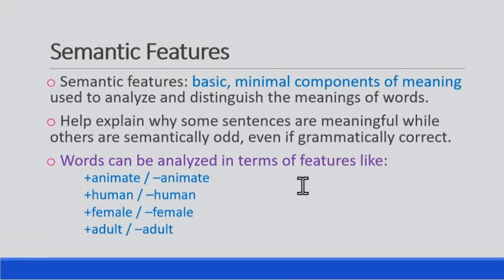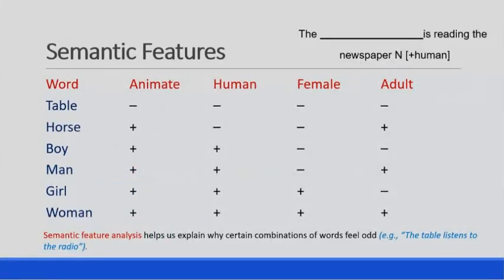Okay, this is the way that we can use to analyze the meaning of words. Those are the other components that we use to analyze the meaning of words. We have the other four components like animate, human, female, adult or not adult. You can see the example there. For example, the word tables. It is inanimate. It is not human.